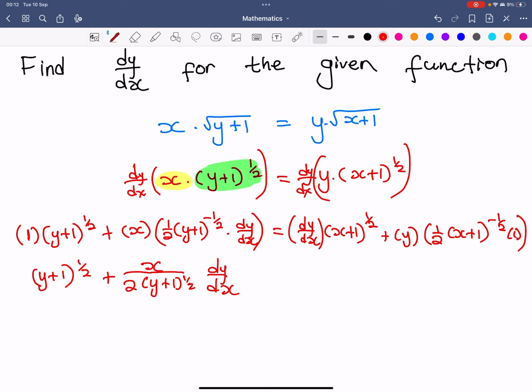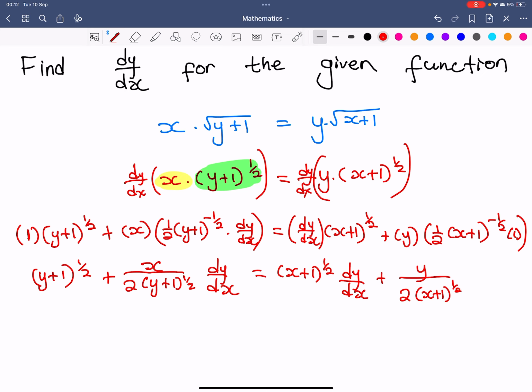That's some algebra there. And then this part, you're going to have (x plus 1) to the power 1 over 2 times dy over dx, and then plus y all over 2 times (x plus 1) to the power 1 over 2, multiplied by 1 is just 1.